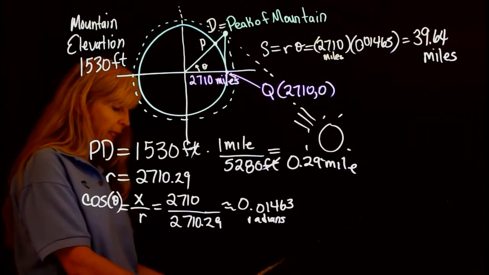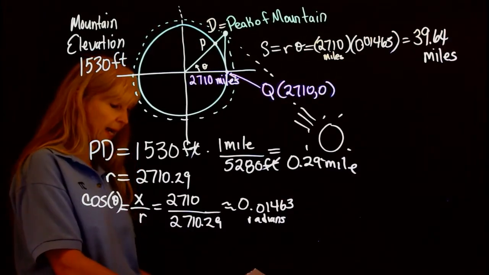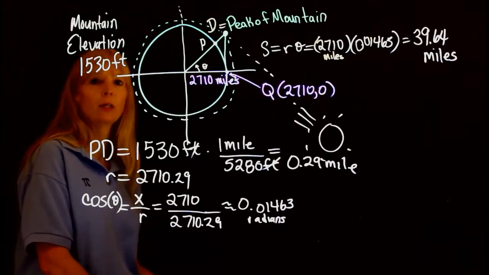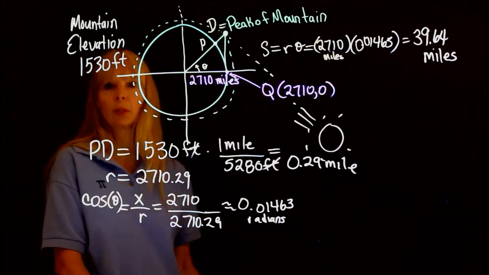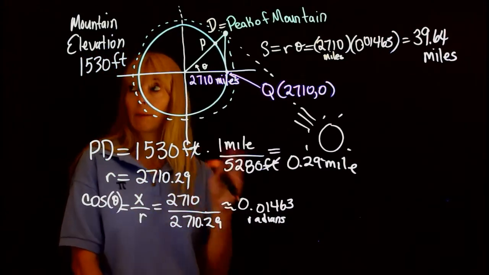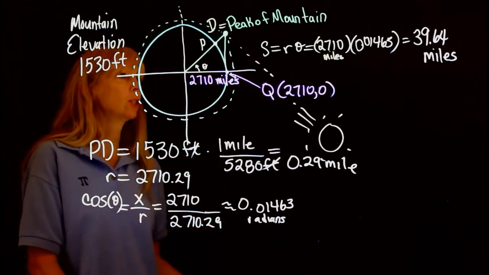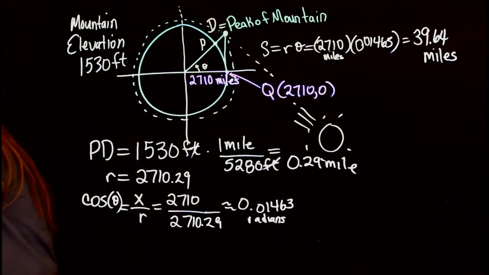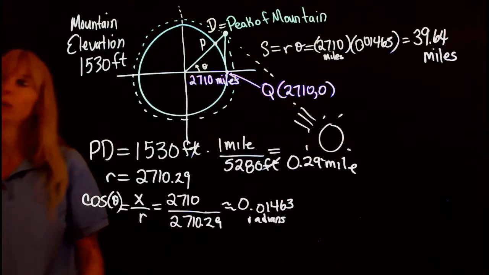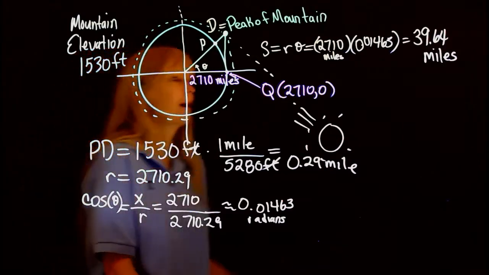Well, they gave me a hint, and they said use the fact that the latitude in 24 hours is 2 pi times the radius. All right, so that fact was given to me. So what I'm going to end up doing is solving this for time.